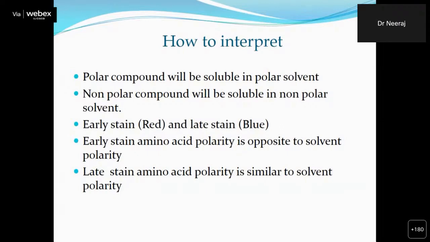What would happen? The solvent is non-polar, so a non-polar compound will move with it easily, while the polar compound will not go far and only covers a short distance.